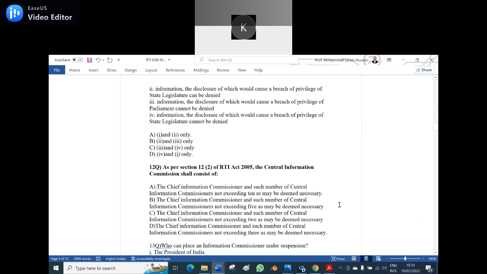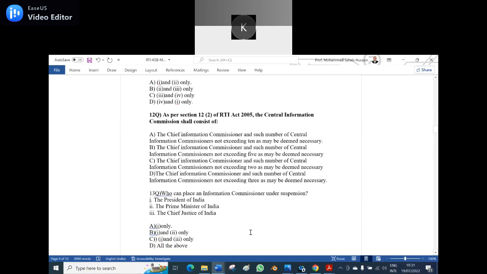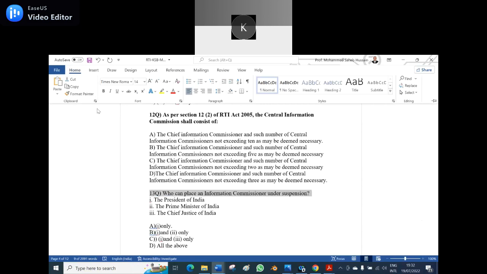C. The Chief Information Commissioner and such number of Central Information Commissioners not exceeding 2 as may be deemed necessary. D. The Chief Information Commissioner and such number of Central Information Commissioners not exceeding 3 as may be deemed necessary. It's 12A, sir.